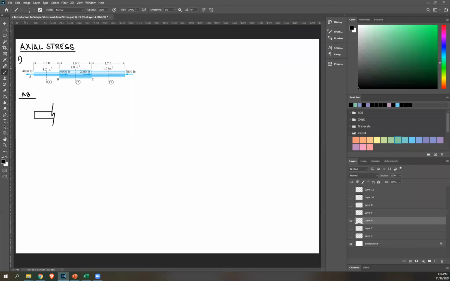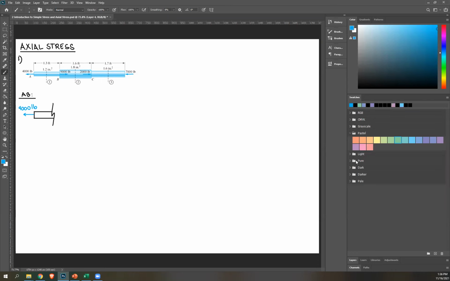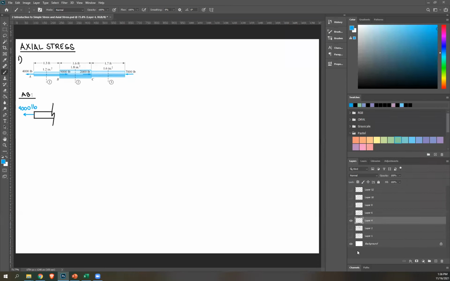So that's your cut. And don't forget to include all of the applied forces included in that side. So we have 4,000 pounds here. And then wherever you cut, there will be internal forces. So there's going to be an internal force here.